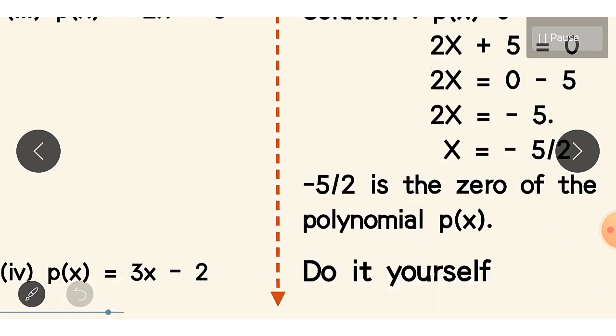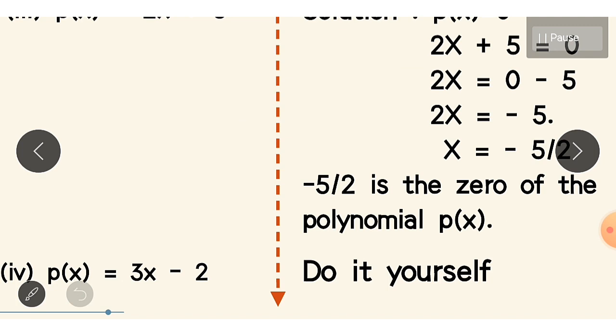Next problem, p of x equal to 2x plus 5. This is the third problem. Zero of a polynomial means we have to equate the given polynomial to 0. So p of x equal to 0.